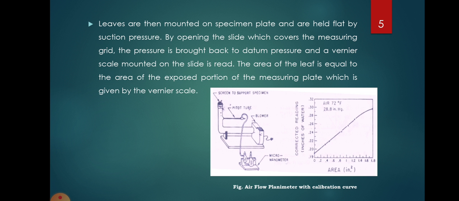The area of the leaf is equal to the area of the exposed portion of the measuring plate, which is given by the vernier scale. In this way, we determine the surface area of a leaf using the airflow planimeter method, in which we use the application of airflow to determine the surface area of the leaf. This diagram shows the planimeter with calibration curve.